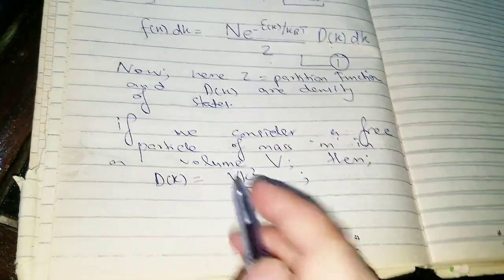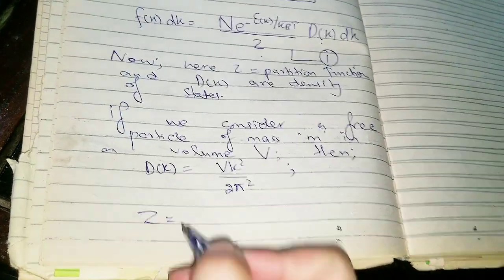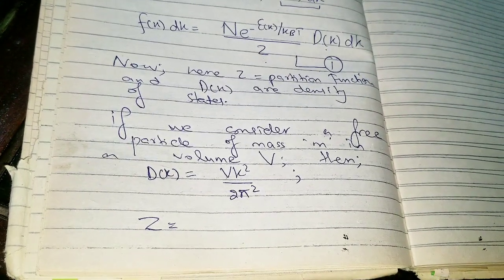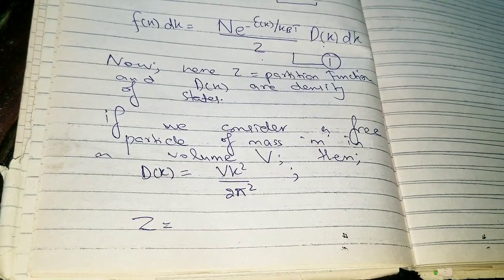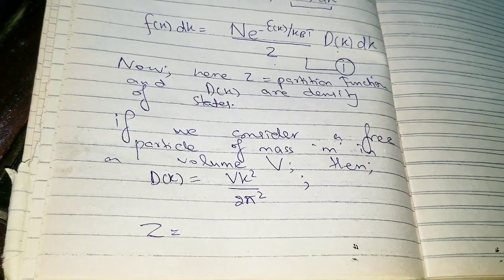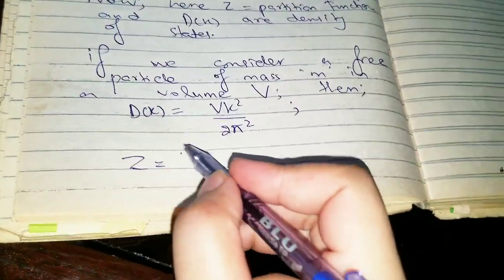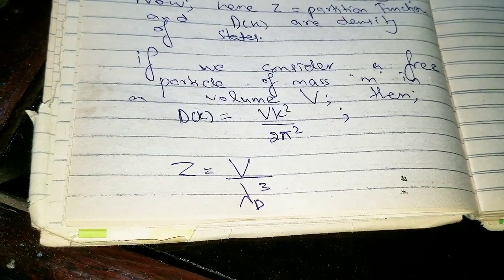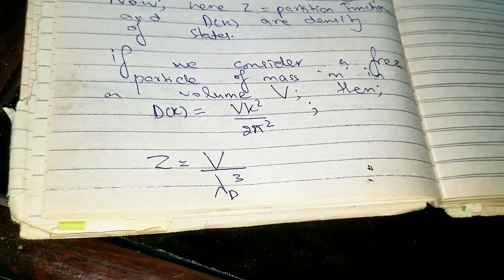Besides that, we have already derived the partition function for a free particle in 3D, under the classical approximation, for a particle in a three-dimensional box. The partition function for that system is V by lambda D cube. This is the formula for the partition function for a free particle in a 3D volume.